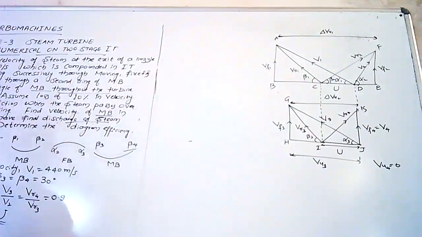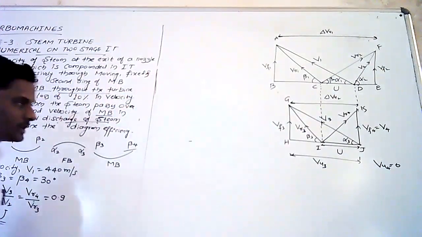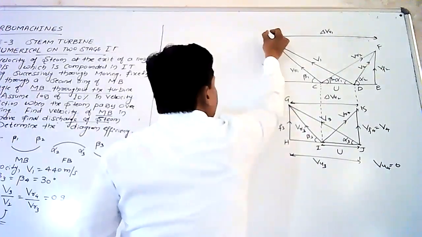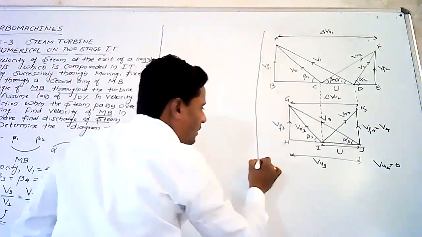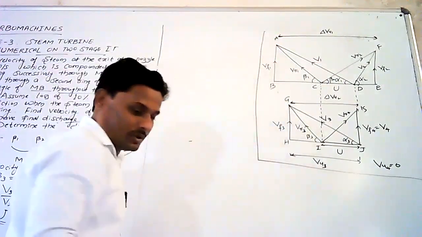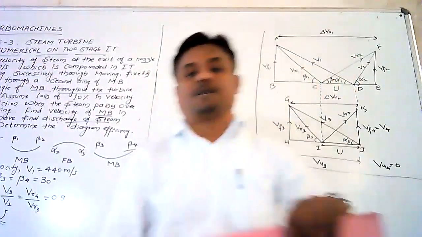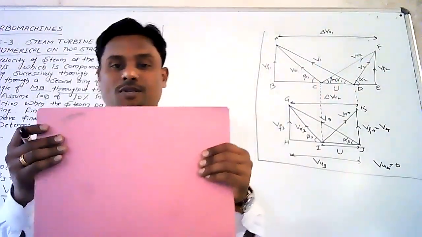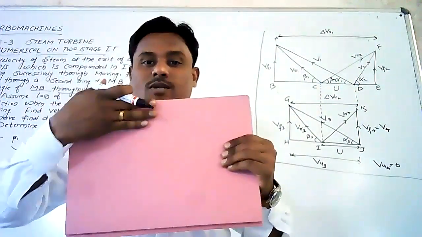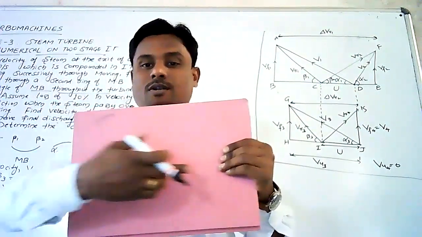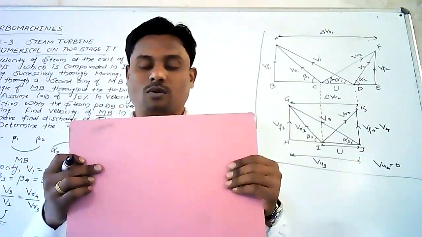Now the next step is to draw the complete velocity triangle on your graph paper. Let us see how to draw it on the graph sheet. So this is the graph sheet here. Let us divide this complete sheet into two halves.